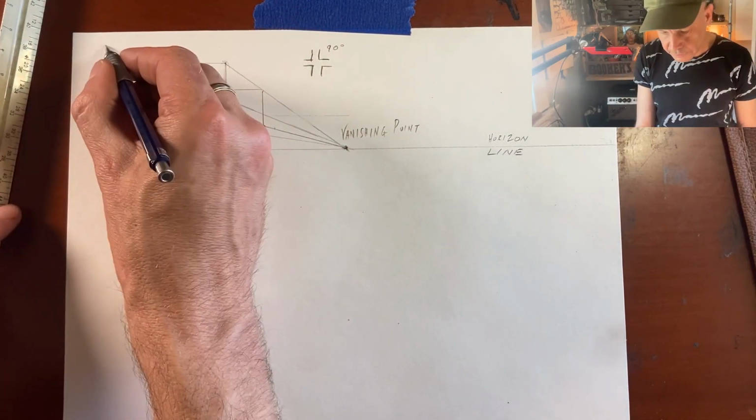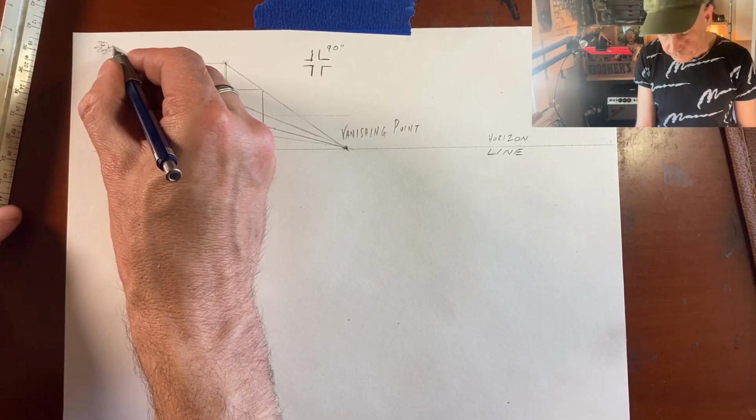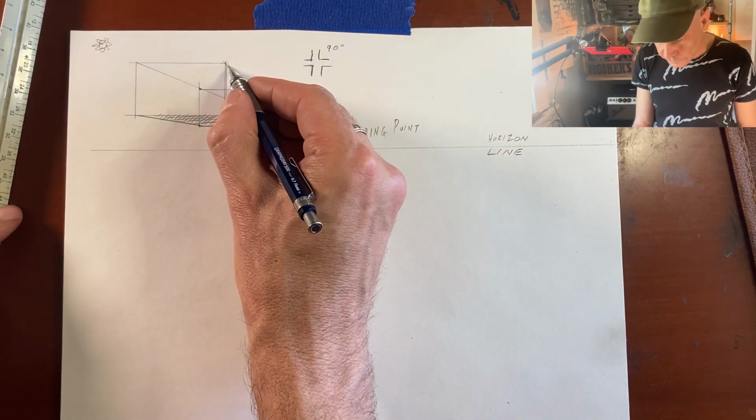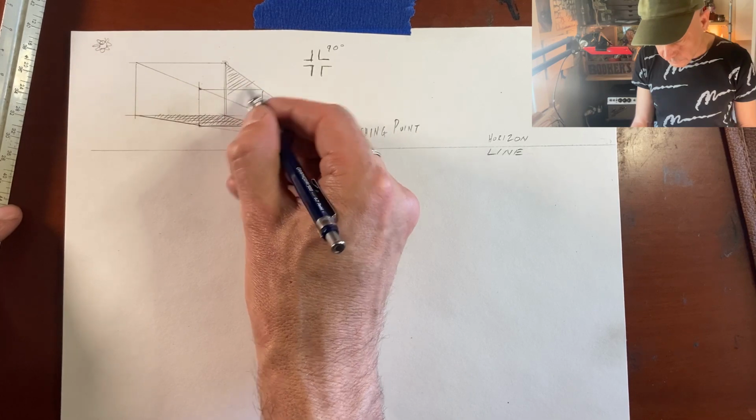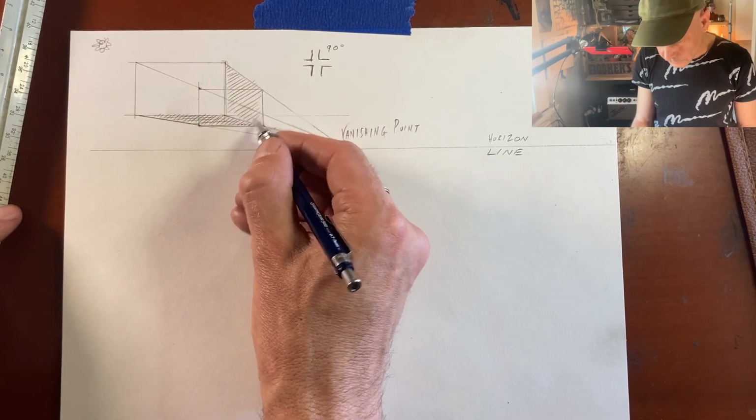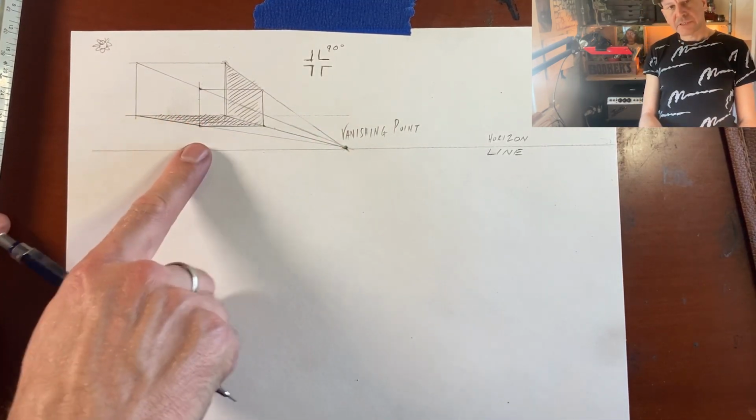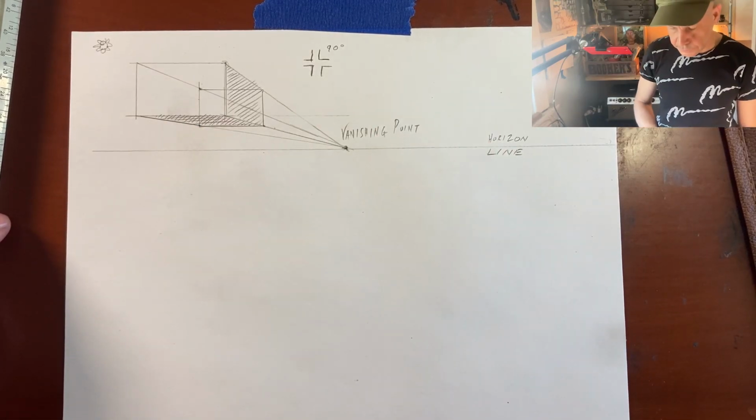And so we'll say the light's over here. I'll put some hatch lines on this side. So that just helps us see the form a little bit better.